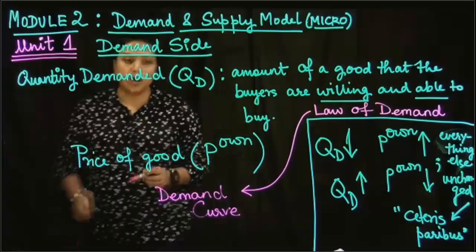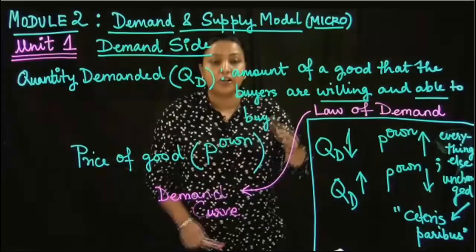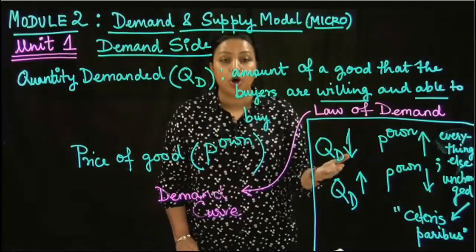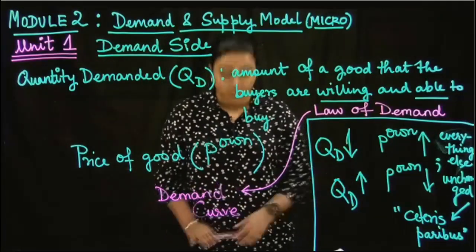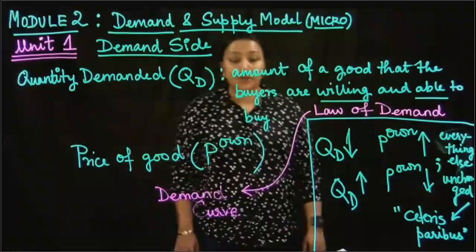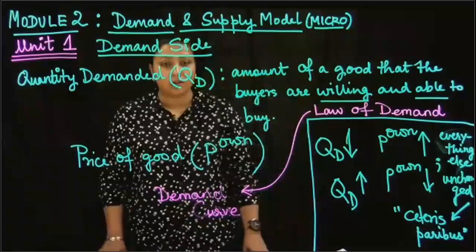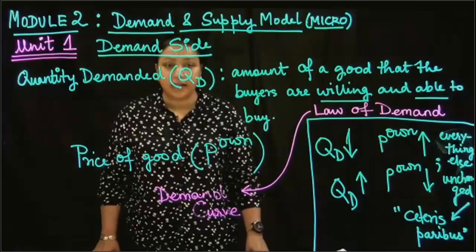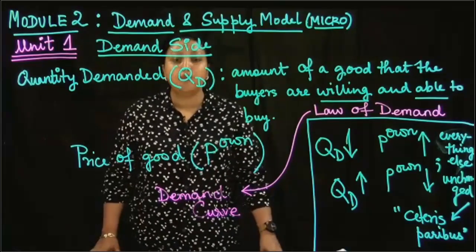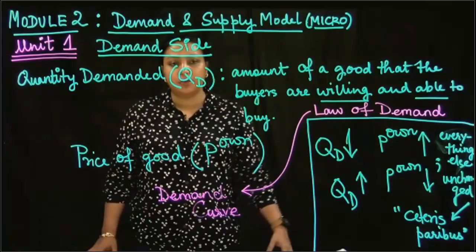So the demand curve is nothing but a graphical representation of the law of demand. Next we are going to look at the derivation of the demand curve, how we end up getting the market demand curve from individual demand curves.